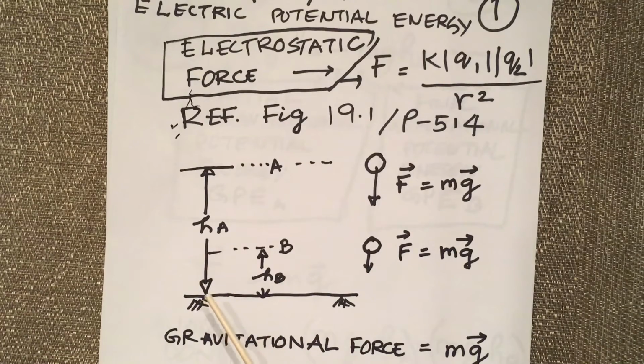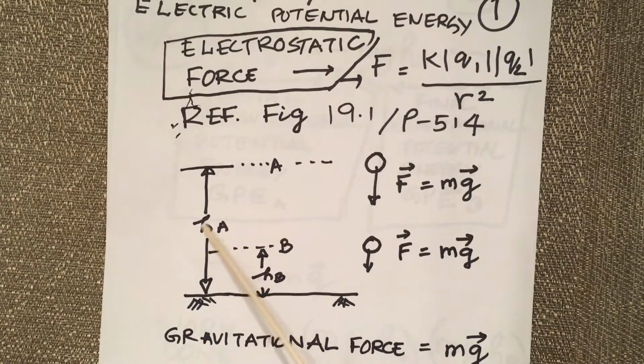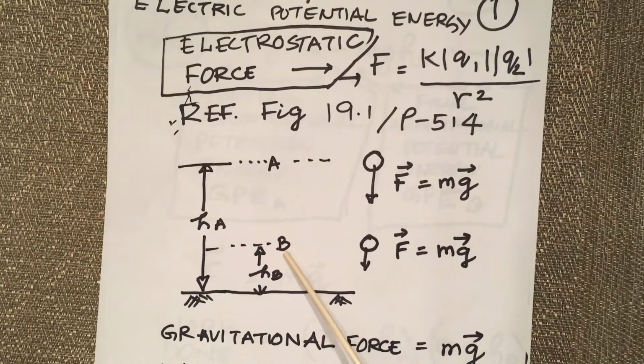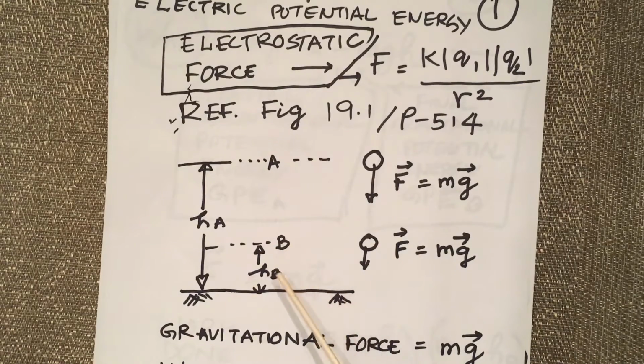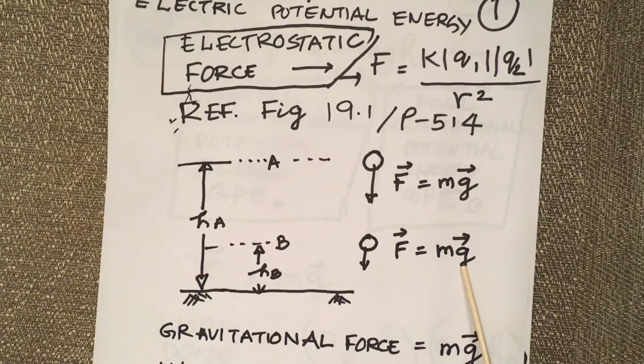Look at the figure you have, 9.1 on page 514. The object is placed at a height A, where let's say the value of HA could be 10 meters, 15 meters, any number. It dropped to a height B, and let that height be HB. So the difference between these two points A and B is the distance traveled, and force here is mass times acceleration due to gravity.